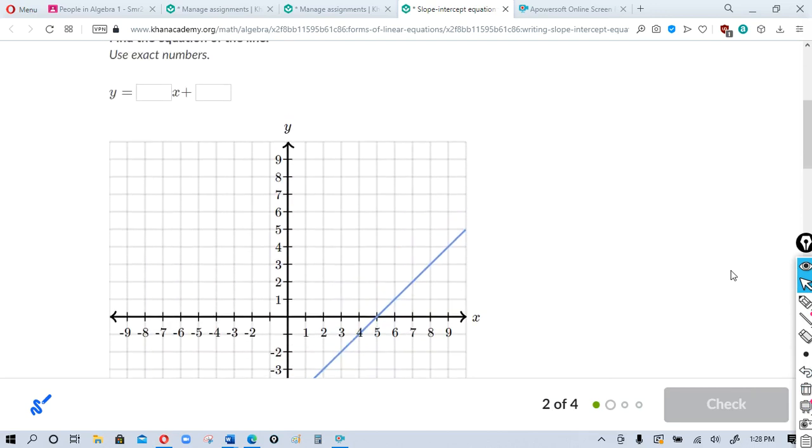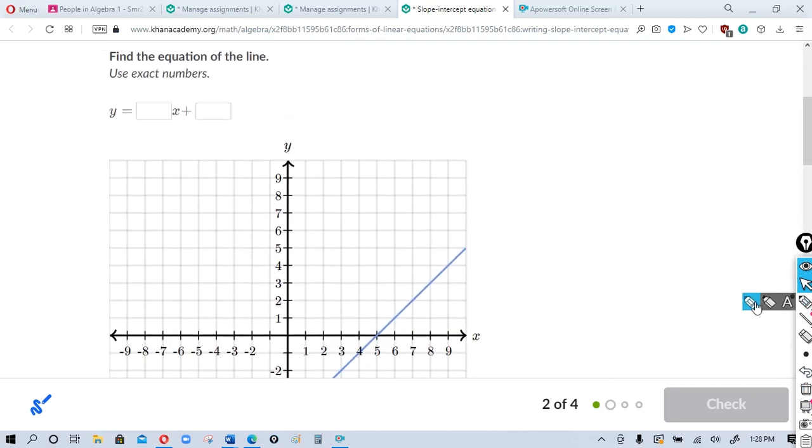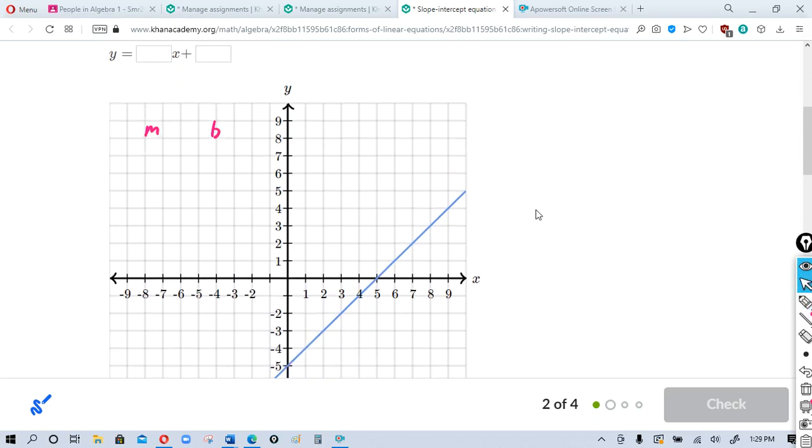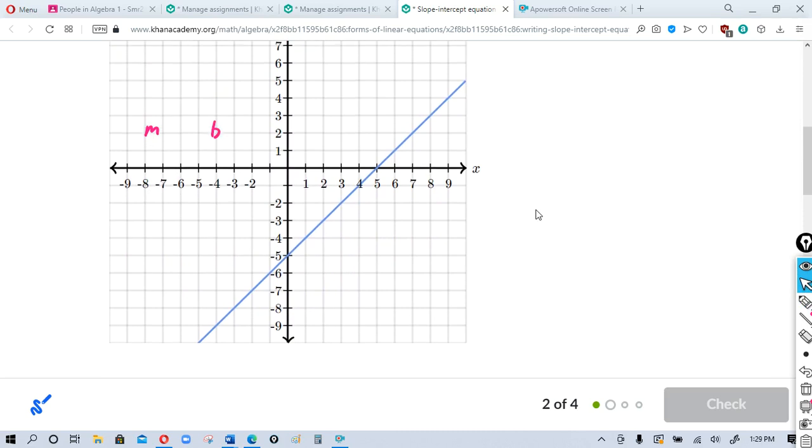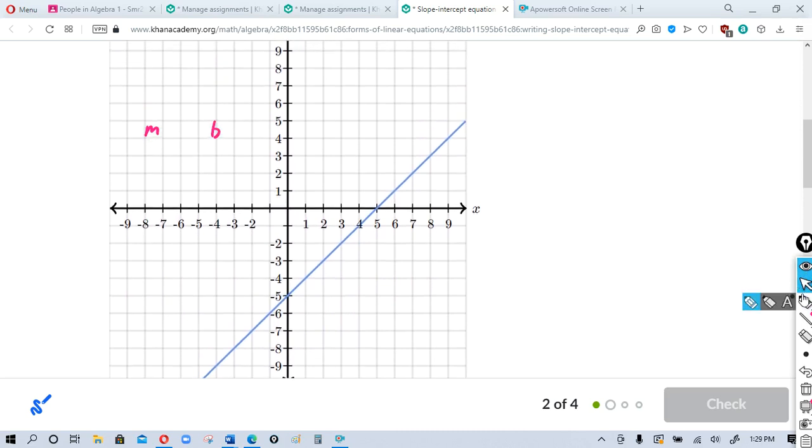It's going to be the same formula every time: y equals mx plus b. Remember, m is your slope. m is going to be change in y over change in x.